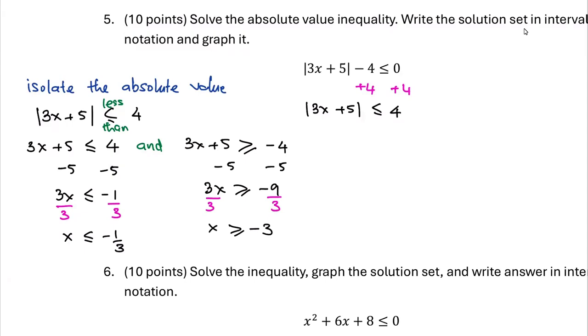So, similar to number 4, we are going to use 2 different colors for them. Do graphing. I have -3 here, -1/3 here. Shading with the color. Okay.